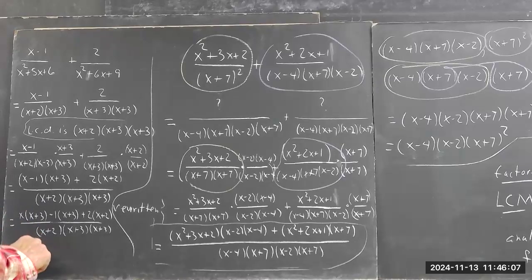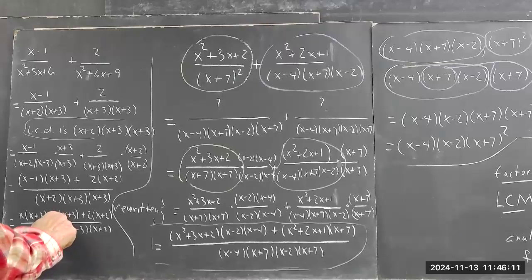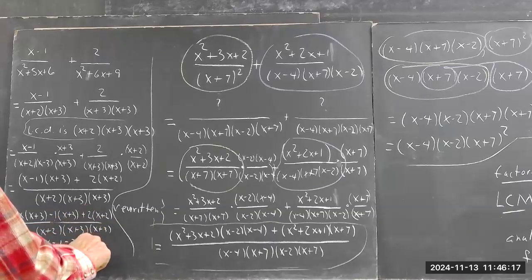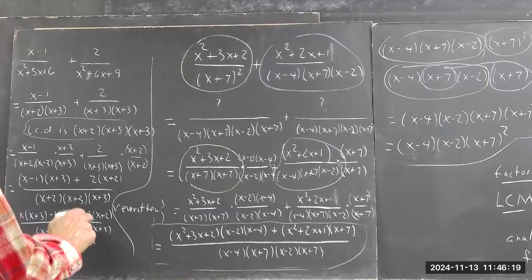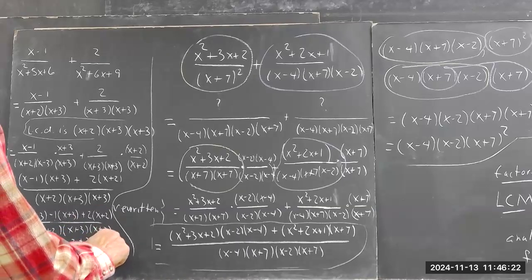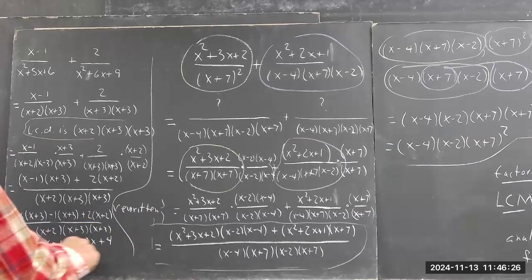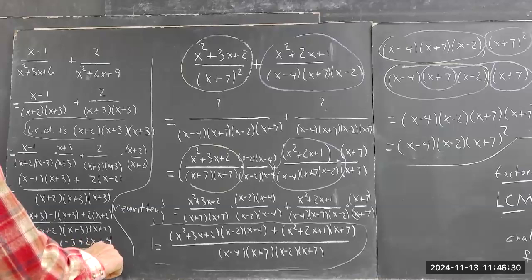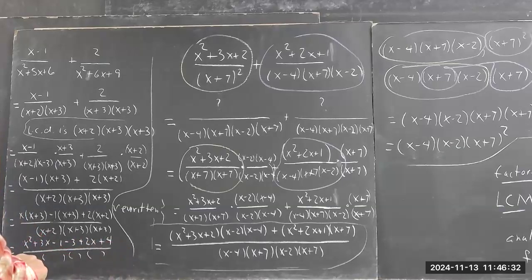So this gives us x squared plus 3x minus 1x minus 1 times 3 plus 2 times x plus 2 times 2. Well, that's plus 4, over the same doggone denominator.